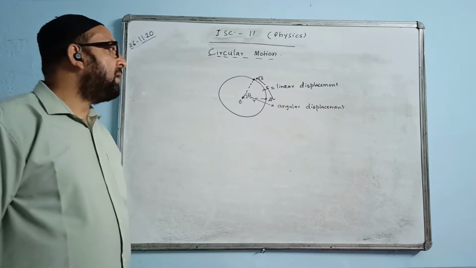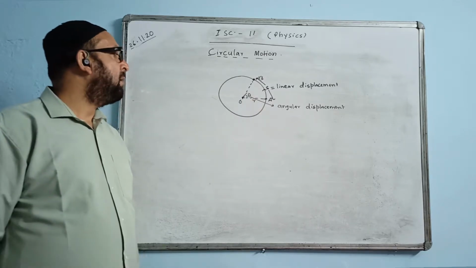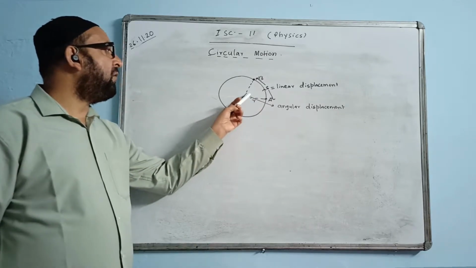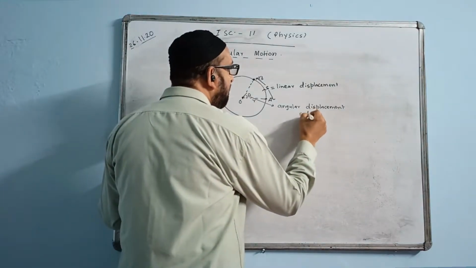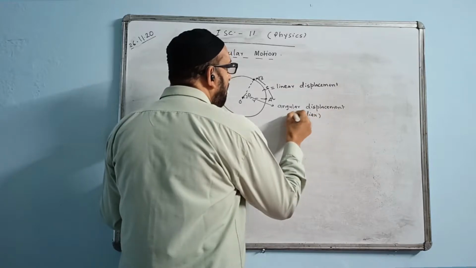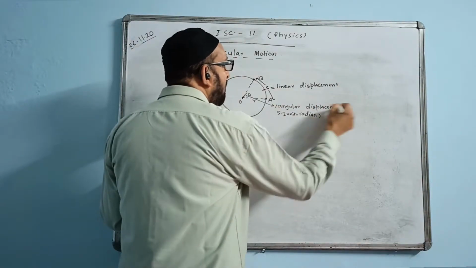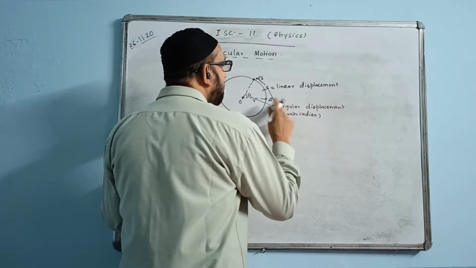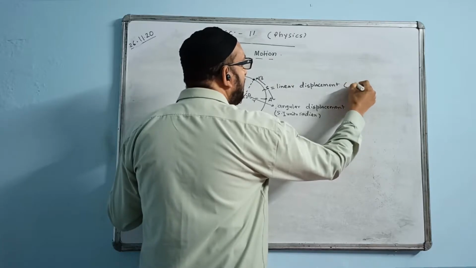What is the SI unit of S? The SI unit of S is meter, whereas the SI unit of theta is radian. The SI unit of angular displacement is radian, whereas the SI unit of linear displacement is meter.